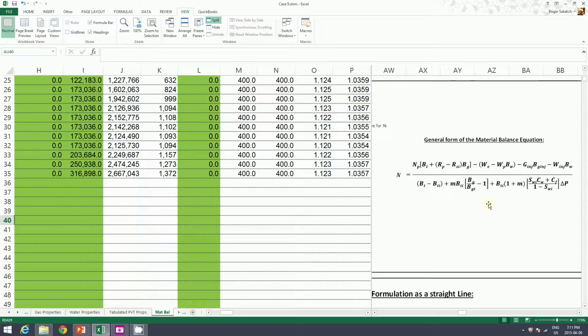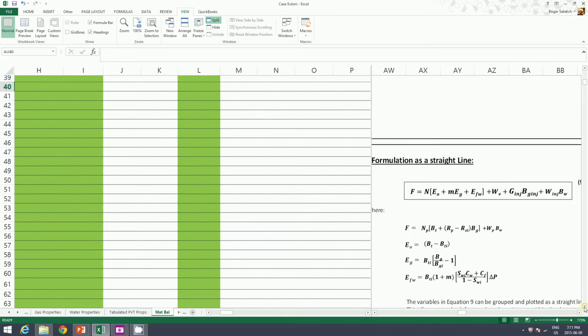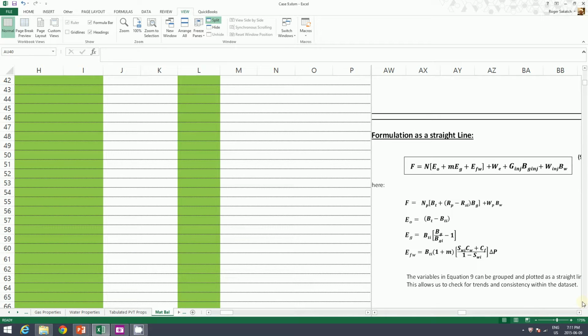What we do is we group a number of these terms, and we therefore refine this equation to the one that we'll see below here, which is then rearranged in the form of a straight line. The previous general form of the equation is rewritten in this form, and these various new terms, the F, the EO, the EG, and so forth, are equivalent to these terms that you'll see on the right.